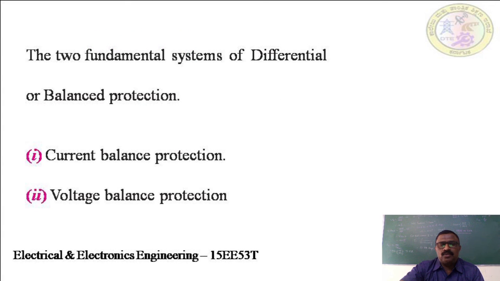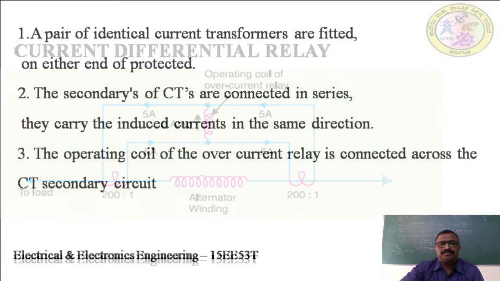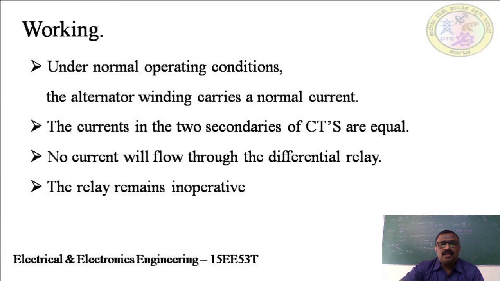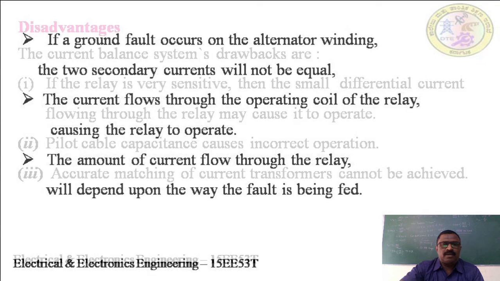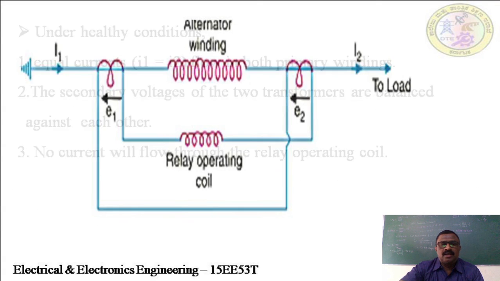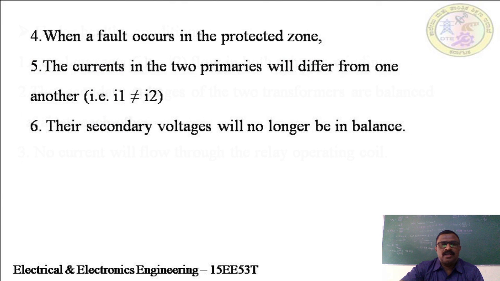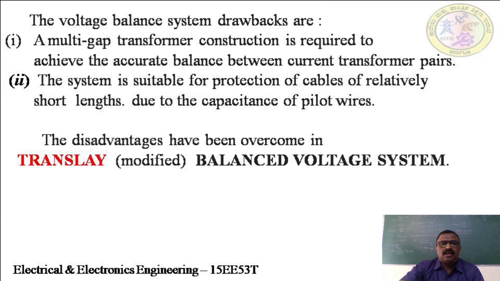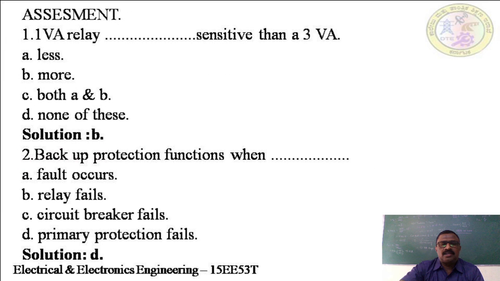We have got two: one is the voltage differential relay and the other is the current differential relay. In this session we have taken a few assessments also, and we have discussed the solutions for the assessments, and the disadvantage of the voltage differential relay can be overcome by using translay relays.